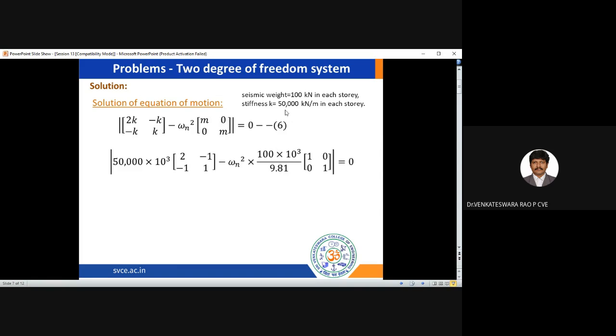Weight divided by g, and the weight is also given in kilonewtons, which you have to convert into newtons by multiplying with 10 cube. Please notice here 100 into 10 cube divided by 9.81. With this, I got the mass from the given weight. Similarly, the stiffness is given in kilonewton per meter. Always we try to take the stiffness in newton per meter, so into 10 cube, 50,000 into 10 cube. So the stiffness also you can take outside from this.